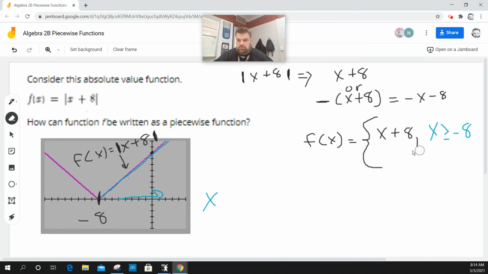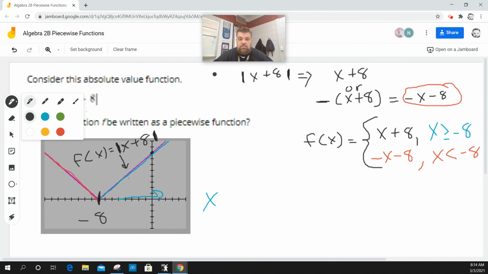From here to here, that would be x is less than negative 8. I think we're going to use this function right here, which is negative x minus 8. Now this stuff right here is just the properties of an absolute value, right?